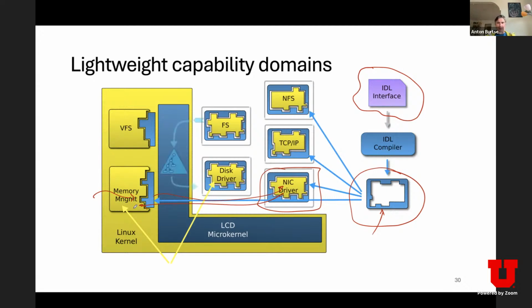So let's take a look how it actually works. Everything is also controlled with some kind of a capability interface, but it's really hidden underneath. Similar to LXFI, in this system, the capabilities are just pointers. If I pass you a pointer, you typically have access to the entire object.